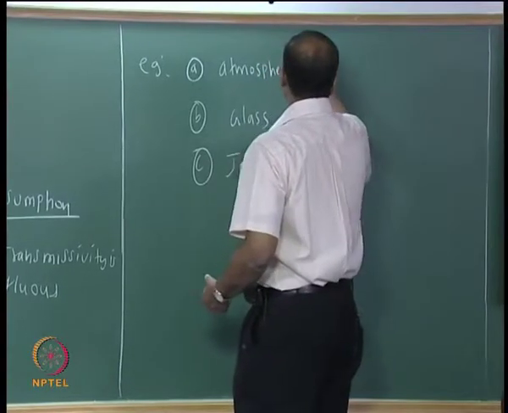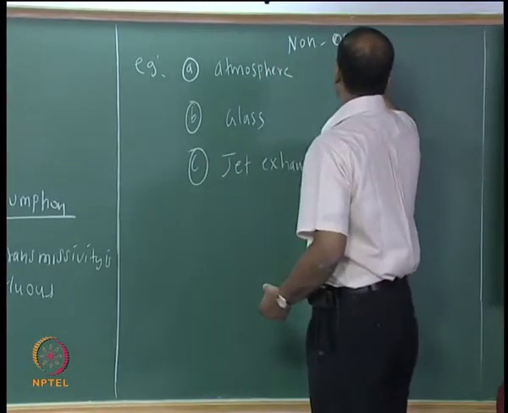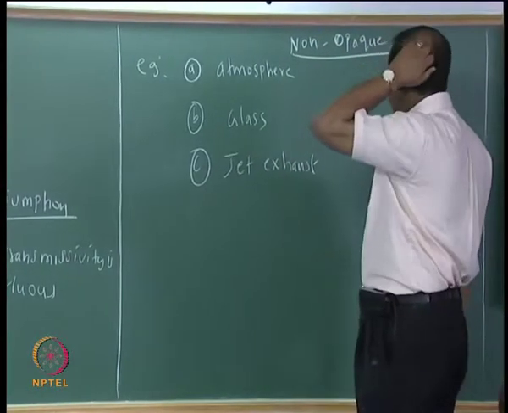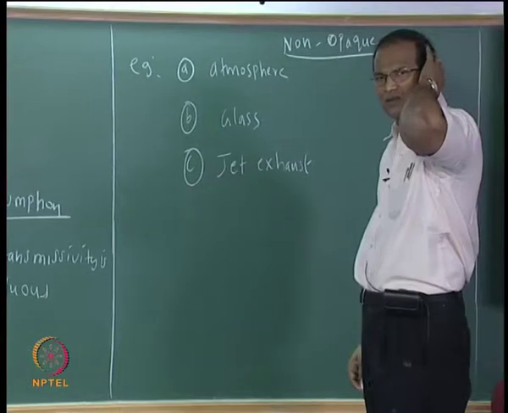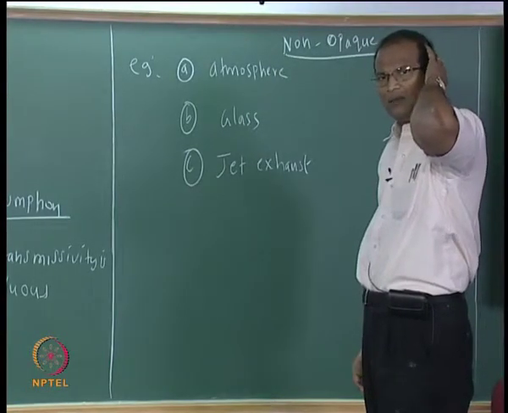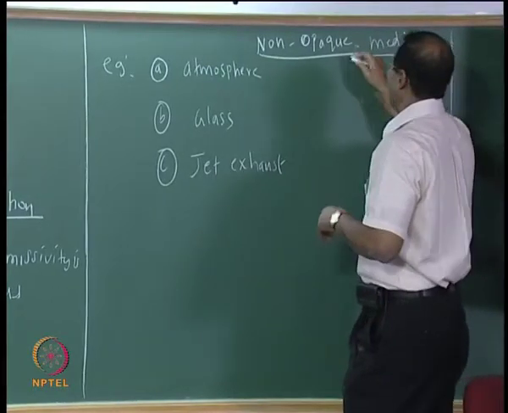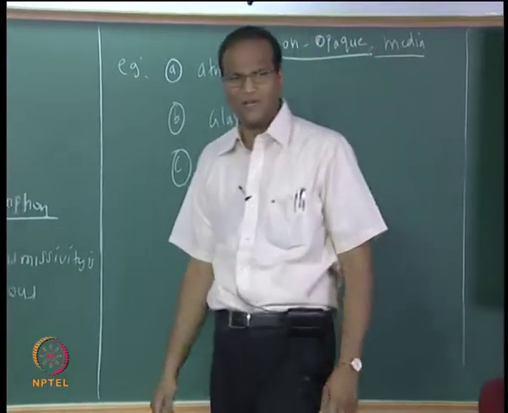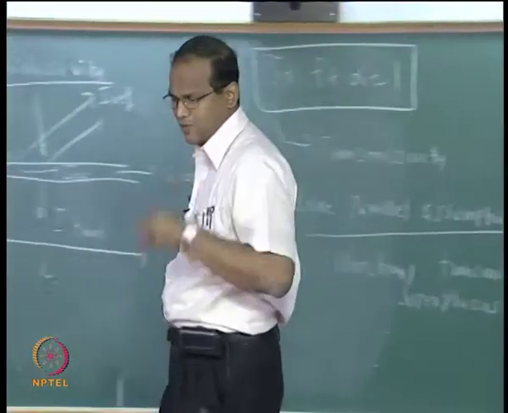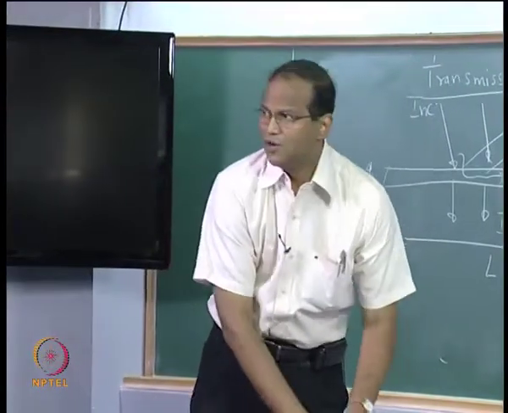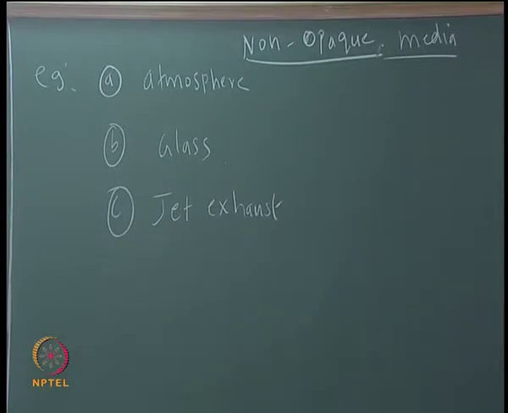Non-opaque what? Media, correct. We can't say surface. Non-opaque media, some examples: atmosphere, lens, filter. So the concept of a directional transmissivity becomes redundant. So we have to define spectral and total and then be done with it.